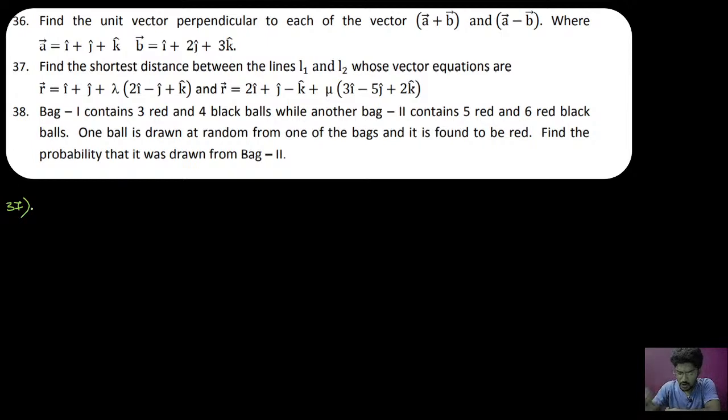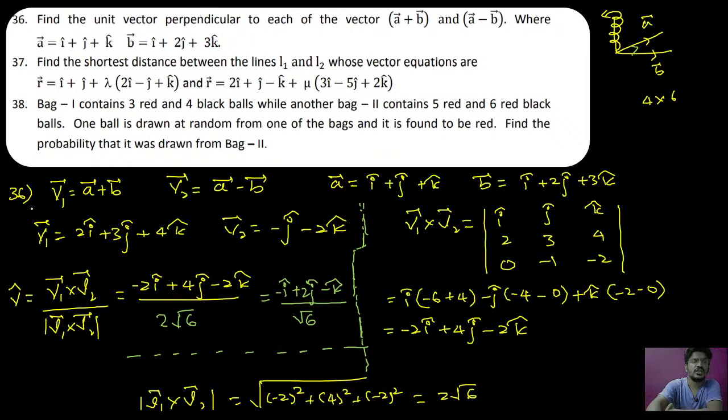We use dot product if only one vector is given. See here in problem number 36, find the unit vector perpendicular to a plus b and a minus b. If they ask for a unit vector in the direction of a given vector, there you have to use v divided by mod of v.